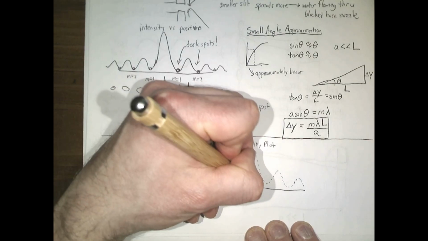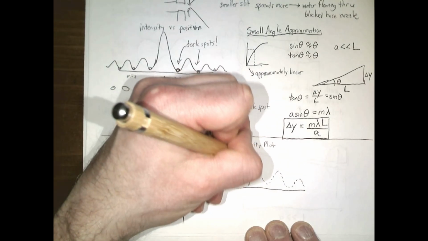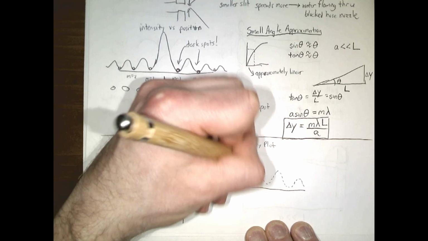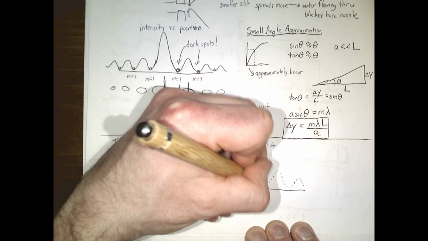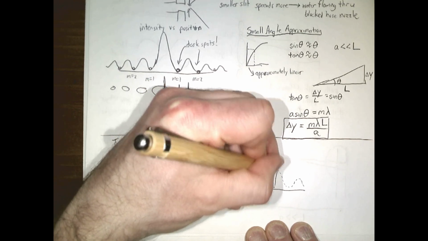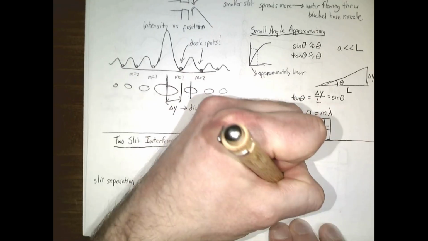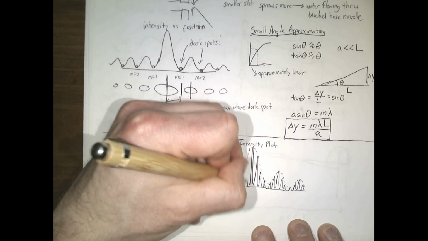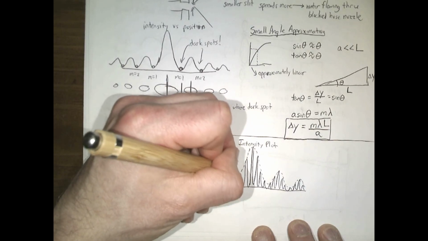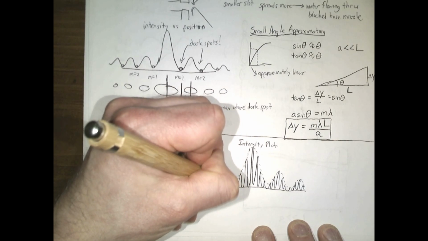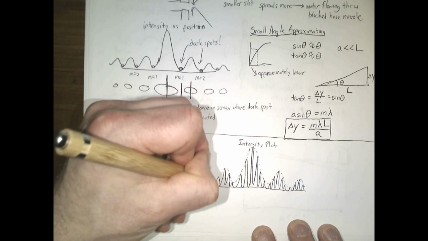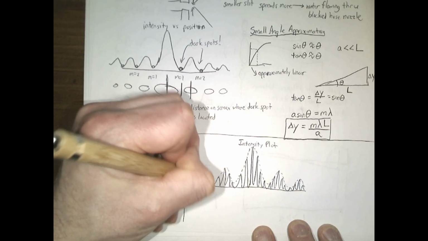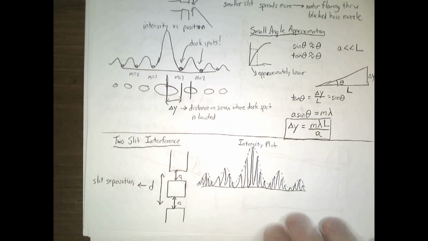So you get this really bright, thin peak at the center, and then you get these smaller little fingers inside of the overall diffraction pattern. So these solid lines represent the actual stripes, but they seem to be constrained by what the earlier diffraction pattern looked like. And it should be symmetric on both sides, even though I'm not artistically drawing it that way.